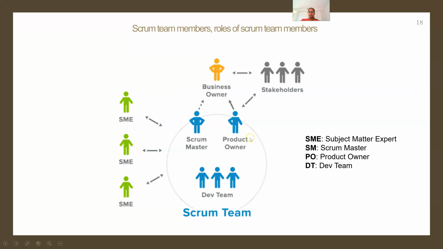The Business Owner and Product Owner would be interacting with the stakeholders. Stakeholders would be interacting with the business owner as well, and partially the Scrum Master would be interacting with the business owner here. So the development team doesn't have direct contact or communication with the stakeholders and the business owners.